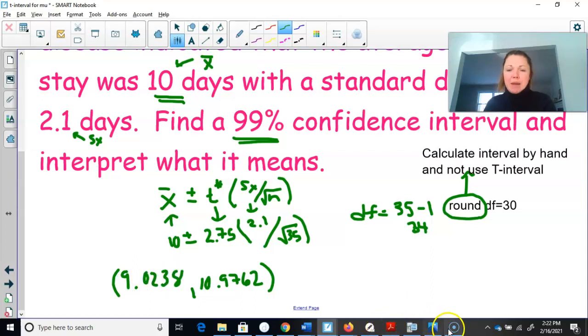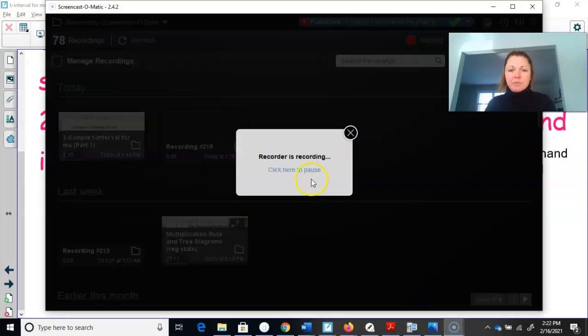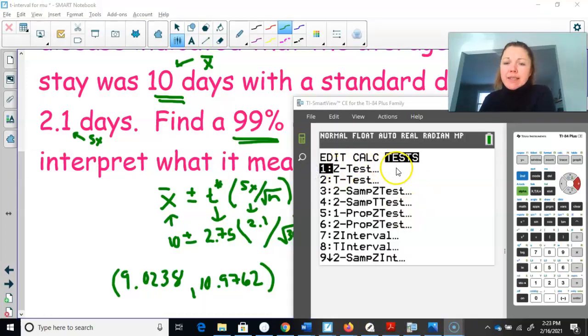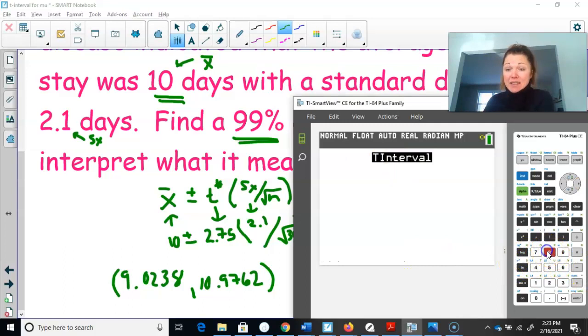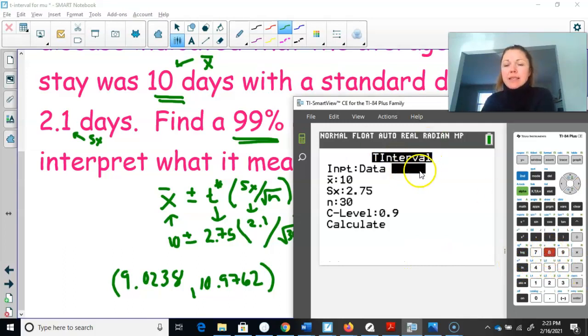Now I want to show you something with the calculator. If I go to test and go to T interval, and I hit stats, because I didn't have data that gave me stats over here. I put my X bar as 10, my standard deviation of 2.1, 2.75, and my sample of 30.